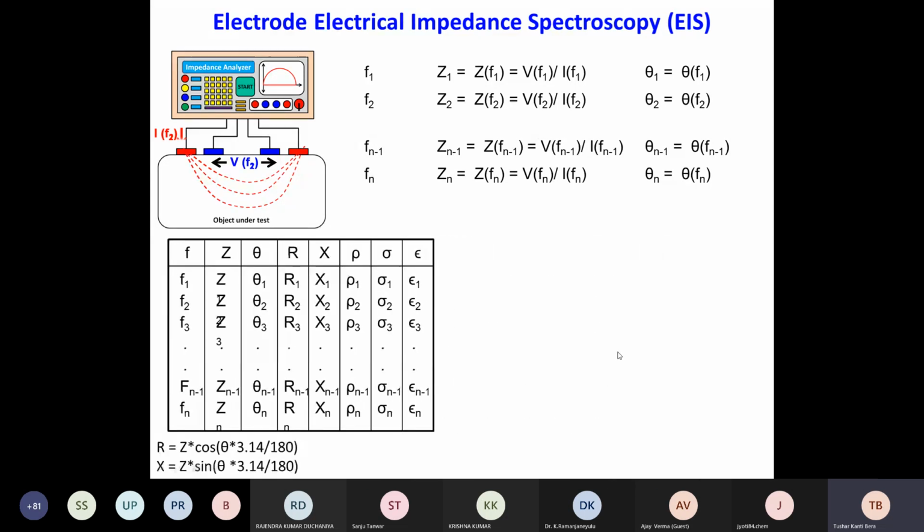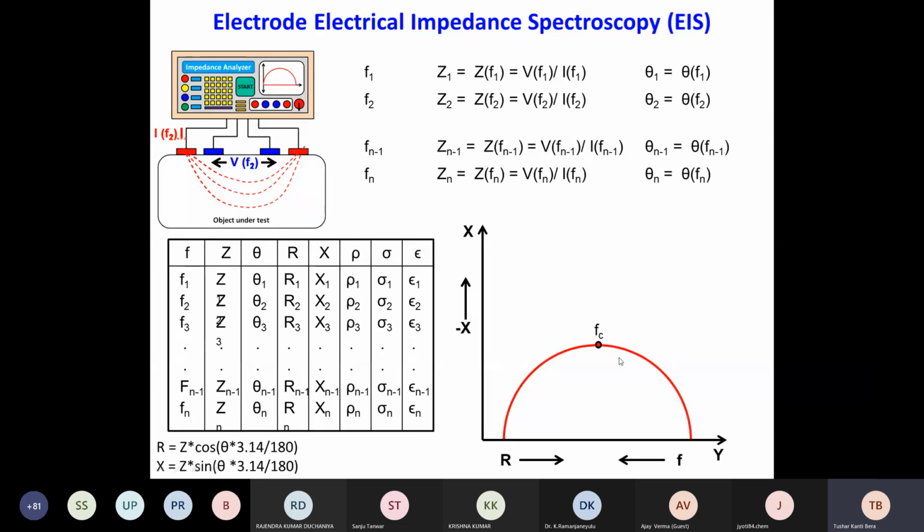If we plot the real part and the imaginary part, with the real part across the x-axis and the imaginary part across the y-axis, we get a plot known as the Nyquist plot. That Nyquist plot has the information about the electrical impedance of the material under test.